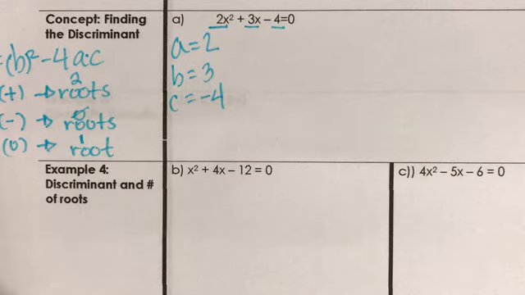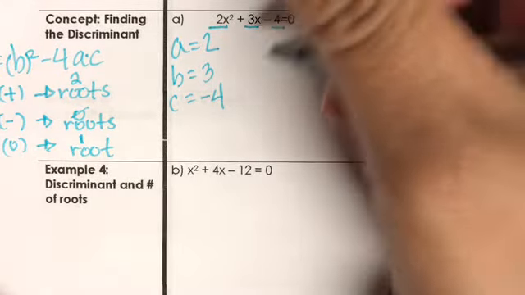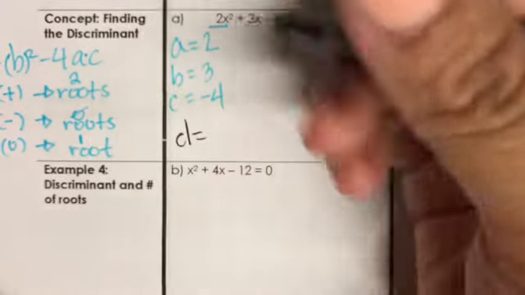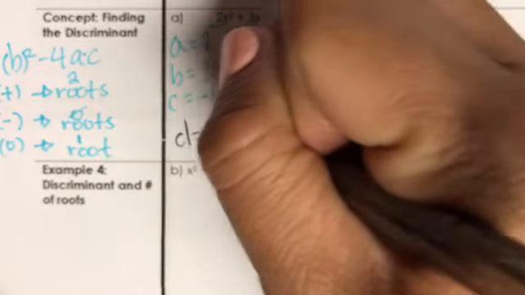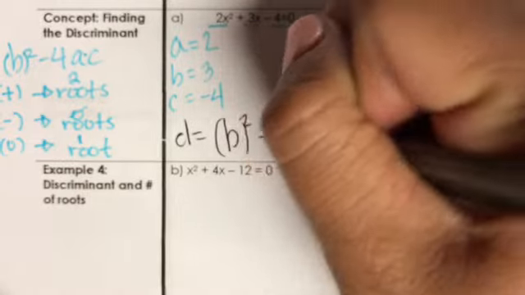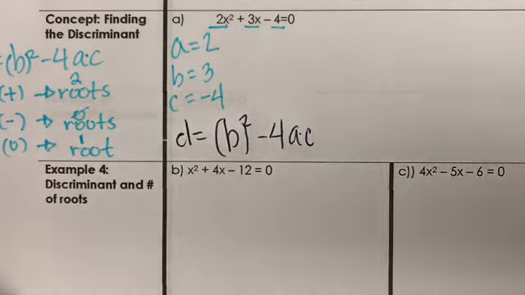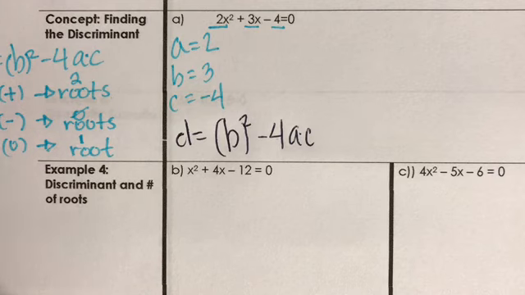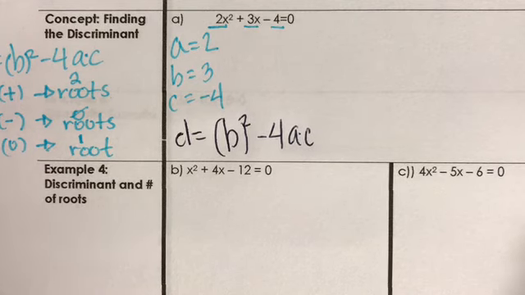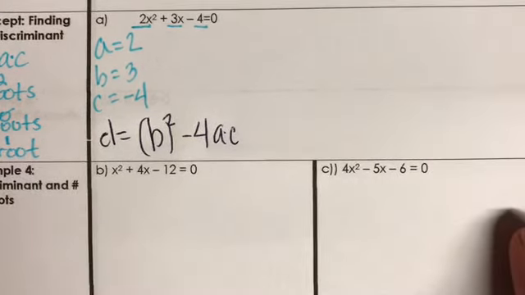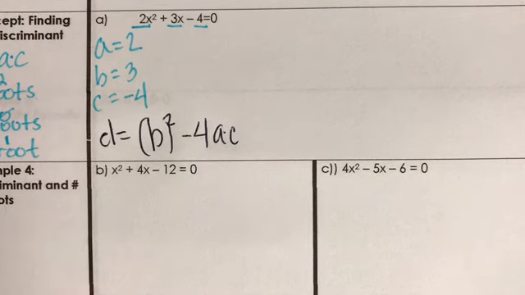I'm going to use this formula, D equals B squared minus 4AC, to find my discriminant, to tell me how many roots, if any, I'm going to have from my quadratic formula.